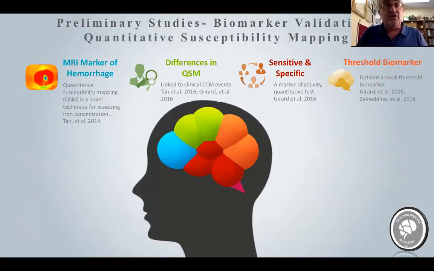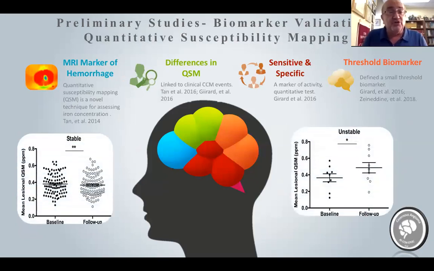If you take atorvastatin and we have more QSM, then it's bad, because it's causing more bleeding in the lesions. And this biomarker is like the canary in the mine shaft. We don't have to wait till you have a stroke to know whether the drug is harmful or helpful. We can tell if it's having an effect on the lesion, and that is what we call proof of concept.